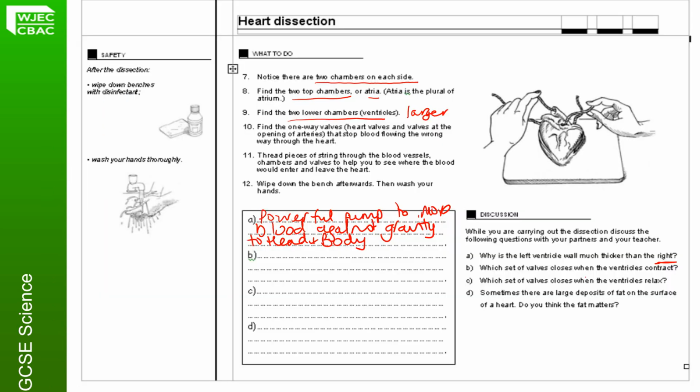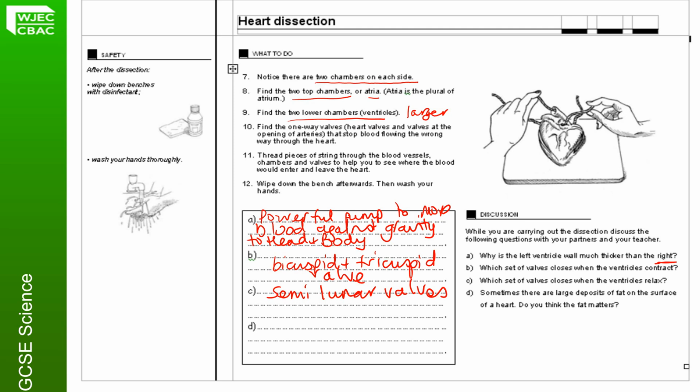So when the ventricles contract, that's going to be our bicuspid and tricuspid valves. And when the ventricles relax, that's going to be our semilunar valves. And you'll see this when we label our diagrams.